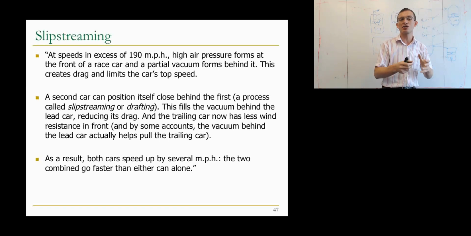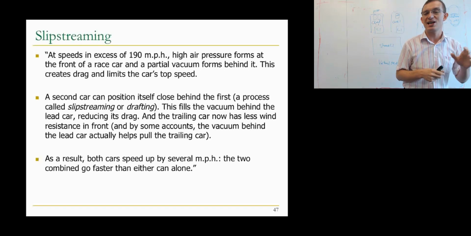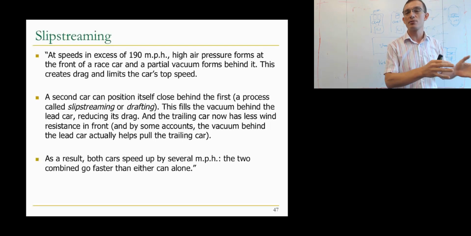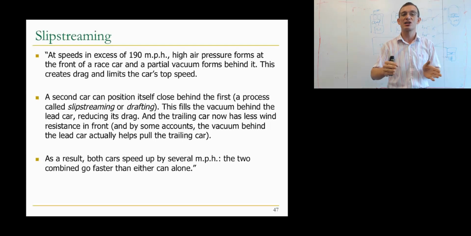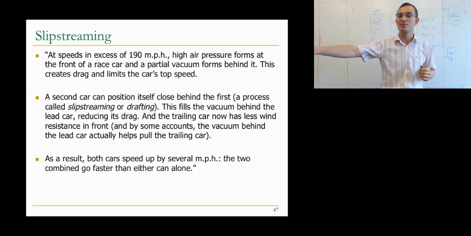At speeds in excess of 190 miles per hour, high air pressure forms in front of a race car and a partial vacuum forms behind it. This creates drag and limits the car's top speed.